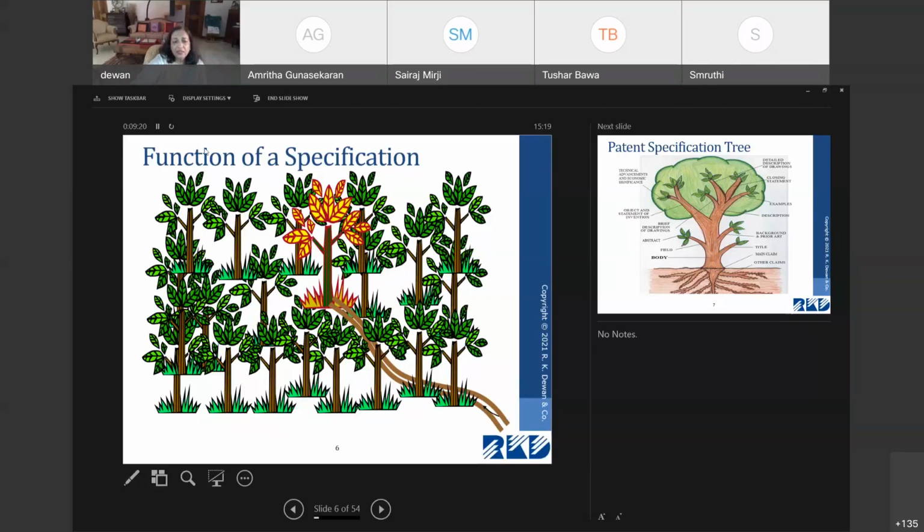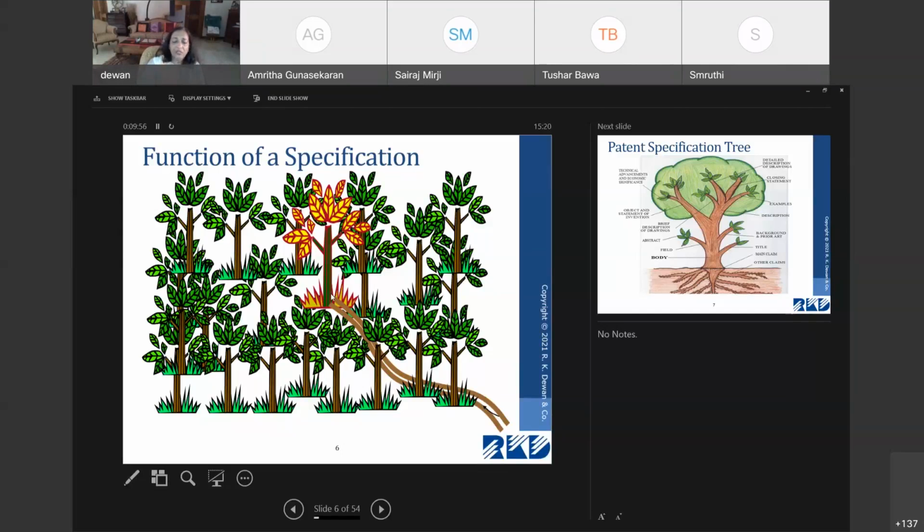So this is, again, a very pictorial representation, and this just shows you why there are certain contents of your specification. Basically, if you keep in mind the purpose of my specification, what is there on your screen now is the purpose of your specification. The purpose is that anybody who's in that field of technology, where multiple inventions or multiple products or multiple processes are already existing, they are all a little different from each other, or they may be similar to each other.